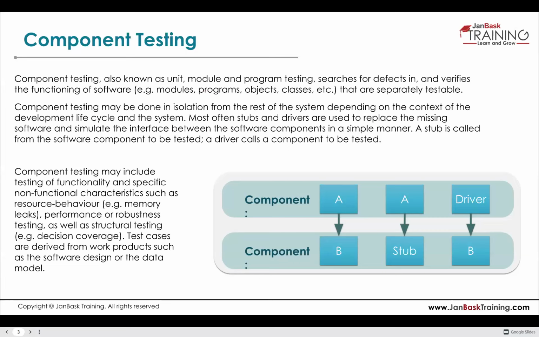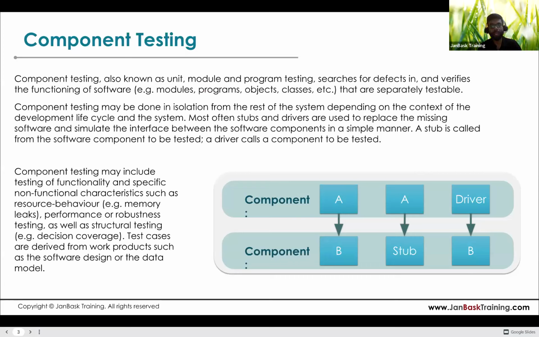Once all the components are ready, they will be sent to the next stage for testing. First we'll do component testing, testing each component, and then it will be integrated and we'll do system integration testing.